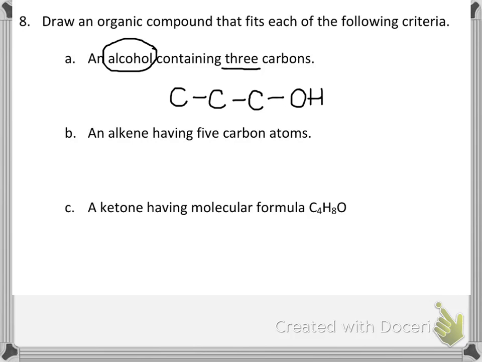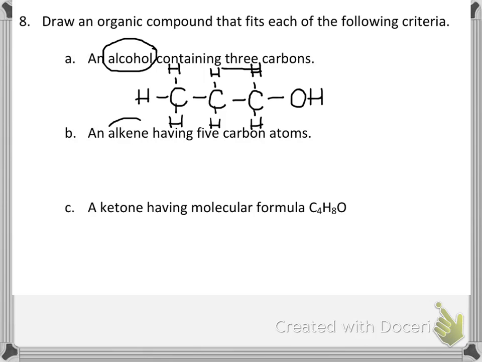But remember, how many bonds does carbon like? 4. So to finish out each of my carbons to have 4 bonds, I'm going to add hydrogens. So that makes 4 here. That makes 4 there. And this makes 4 here. So this is propanol, and this is a 3 carbon alcohol.